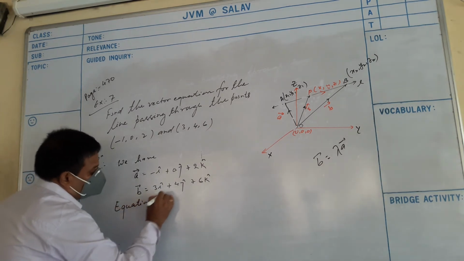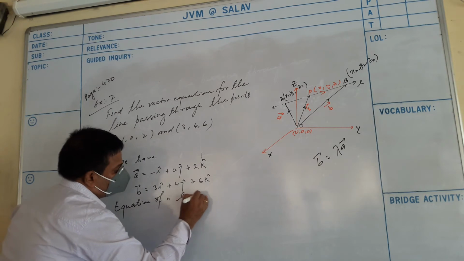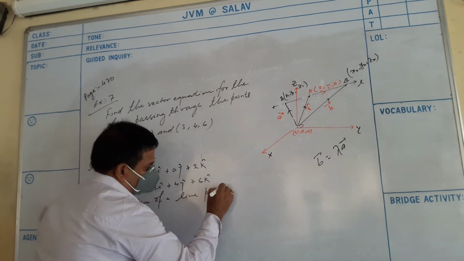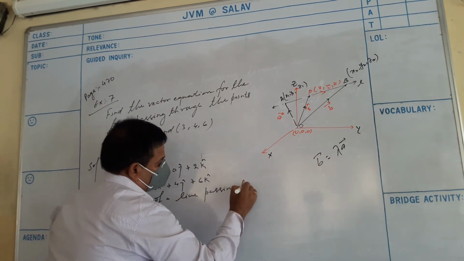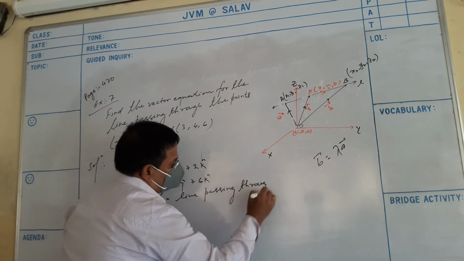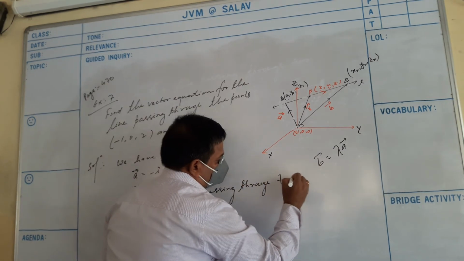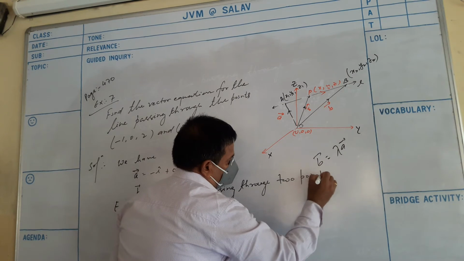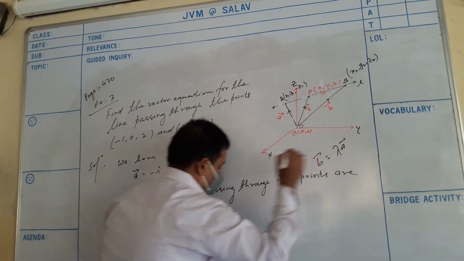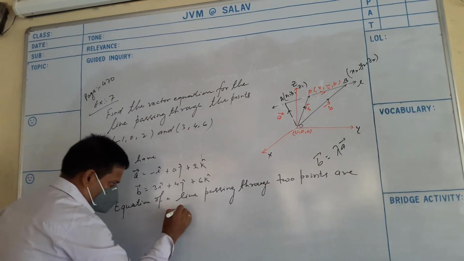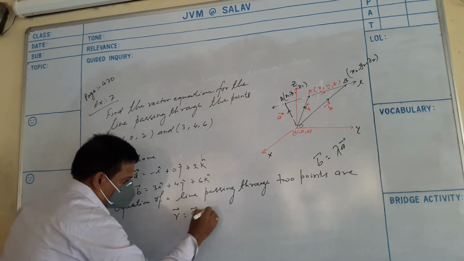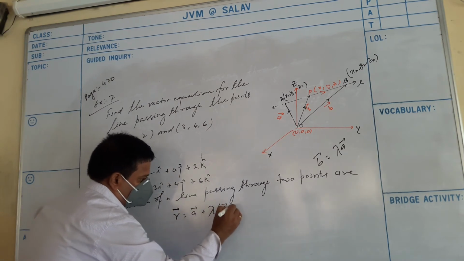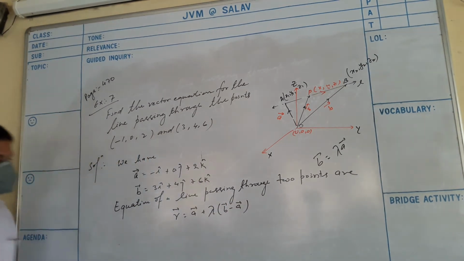So the equation of a line passing through 2 points is vector R is equal to vector A plus lambda times vector B minus vector A. Yes.